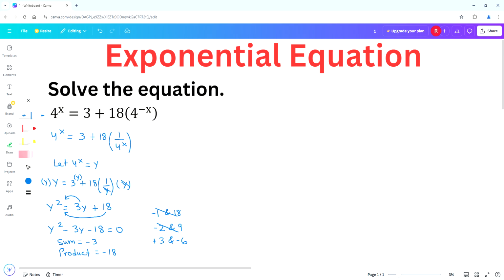We can use these two numbers to write the quadratic equation in factored form. Now we can solve this equation by setting the two factors equal to 0 and solving for y.